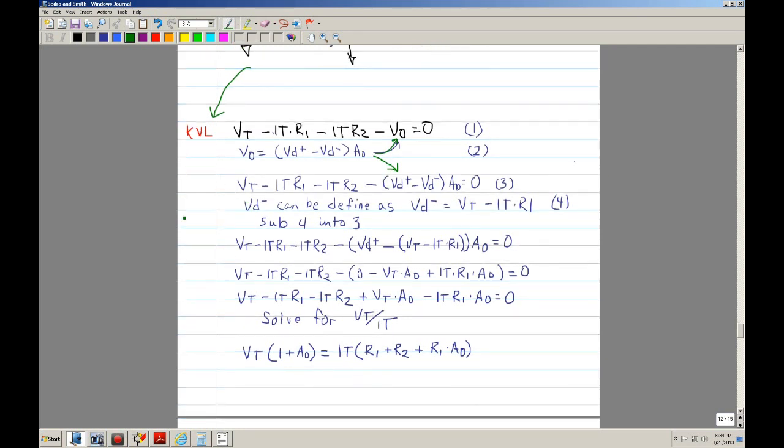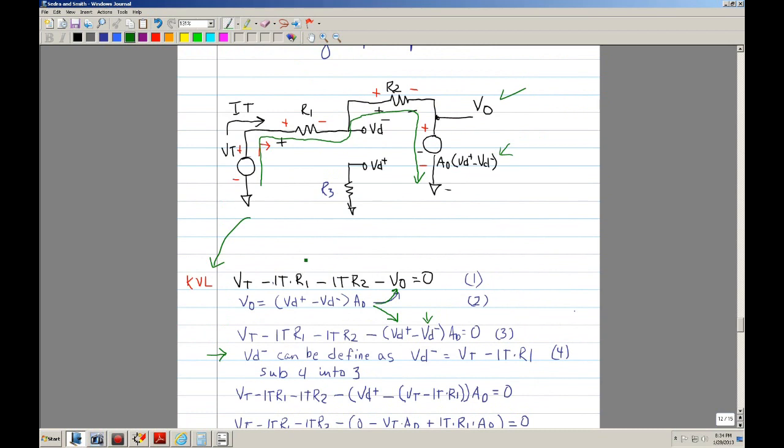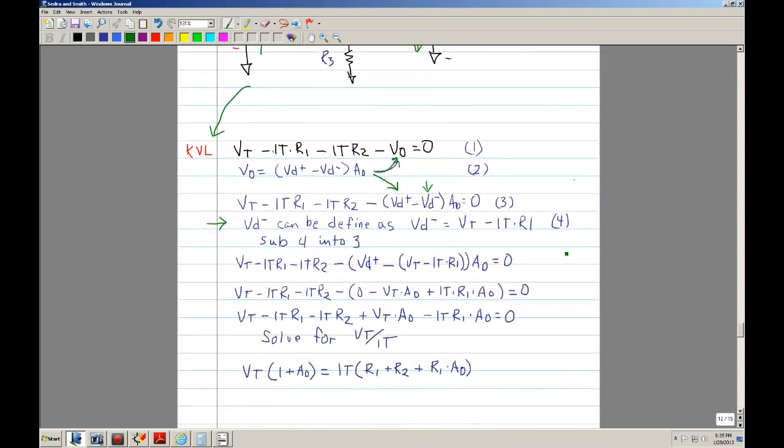The next step is to define VD, because you have this VD here. If you look at the schematic, VD is actually this voltage, VT, minus this ITR1. That's what statement number 4 is. So we substituted 4 into 3.